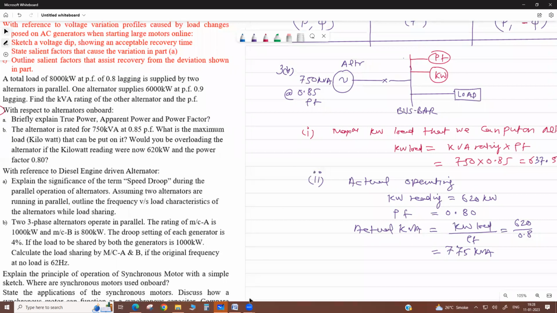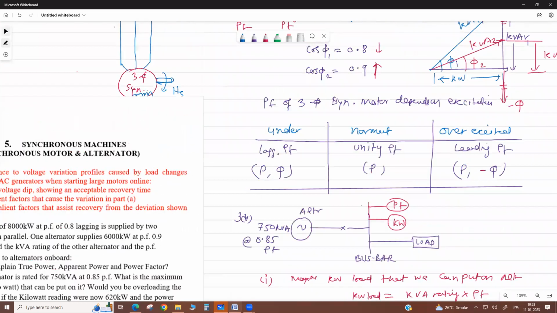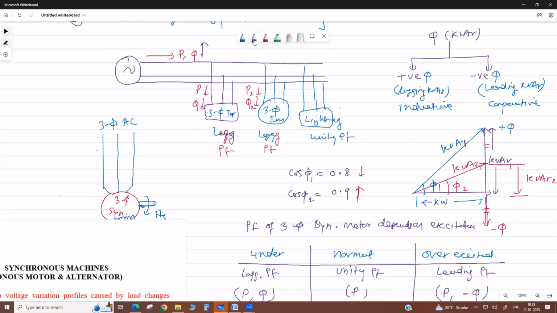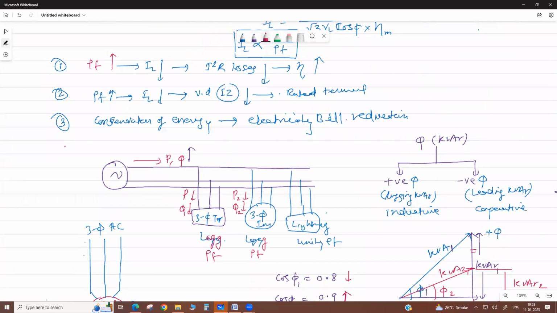That's why there is another disadvantage of low power factor here. Please write another disadvantage, the fourth one. The total or apparent kVA load on the system, or on the alternator, decreases if you increase the power factor.